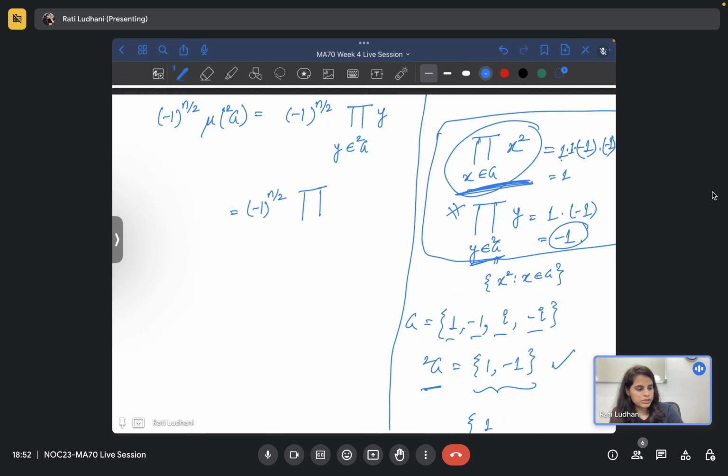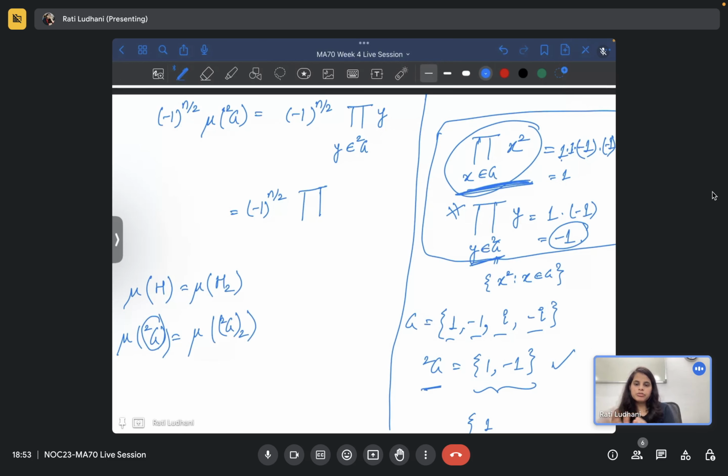You take this product. Now you know that mu of 2G, so okay, mu let's say of H, we know that this will be equal to mu of H2. So here also this will be equal to what? Because this is a group, we have proved that this is a group, so this means this will be equal to mu of 2G2, right?